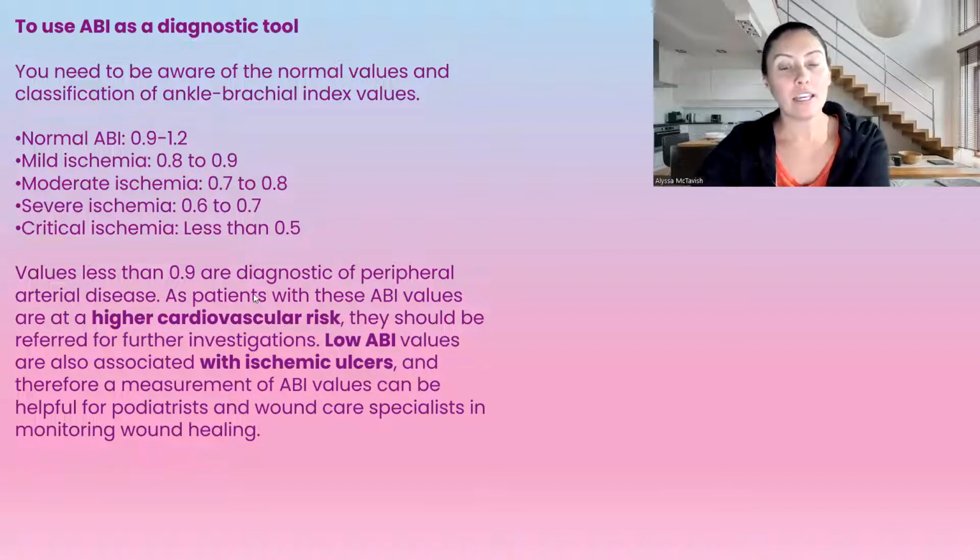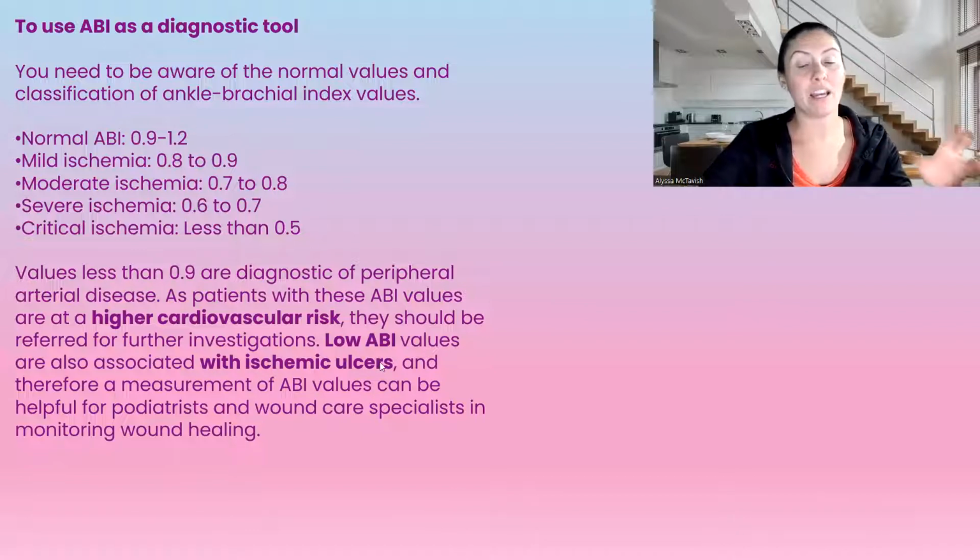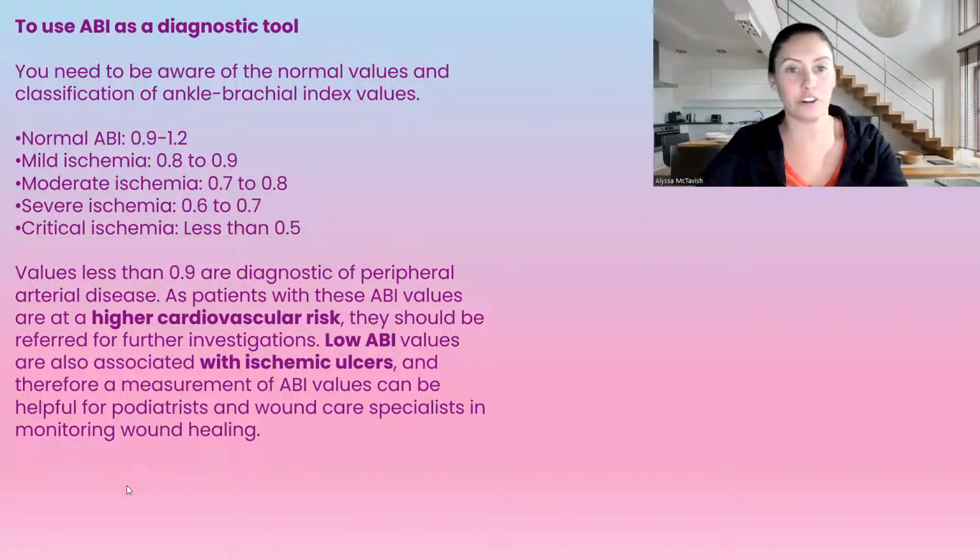These patients are at higher risk for cardiovascular disease, and lower ABPIs are also associated with ischemic ulcers. We're not getting the proper blood flow to our feet, so we can get ulcers as a result. So it's super important for wound care specialists in diagnosing and monitoring wounds.